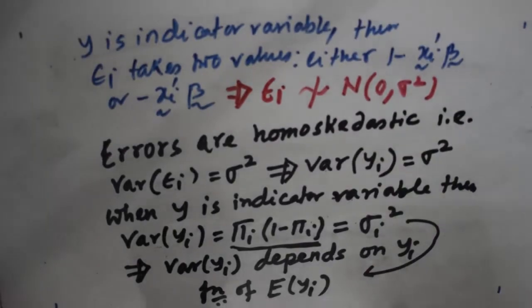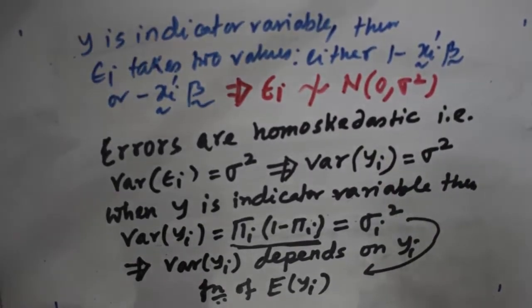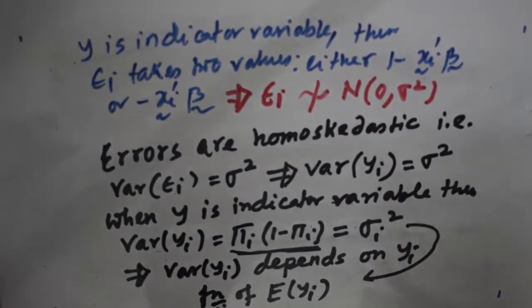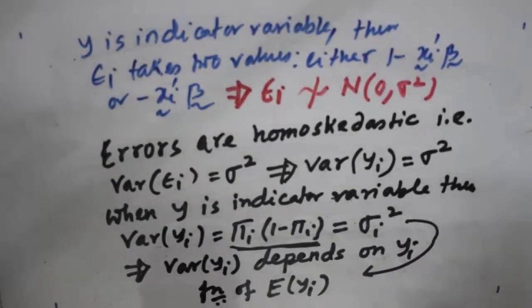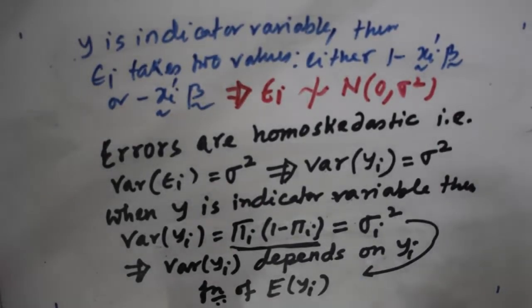So first thing here we observe that epsilon does not follow normal 0 sigma square because epsilon takes two values, 1 minus xi curl prime beta curl or minus xi curl prime beta curl, depending on the value of y.